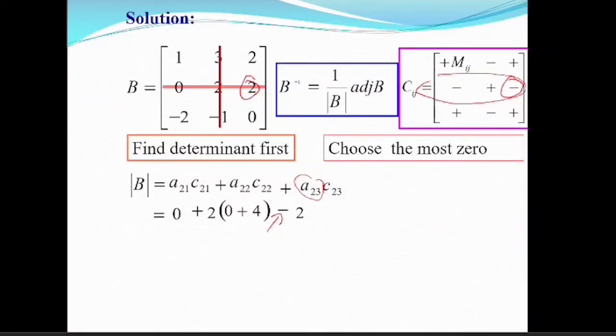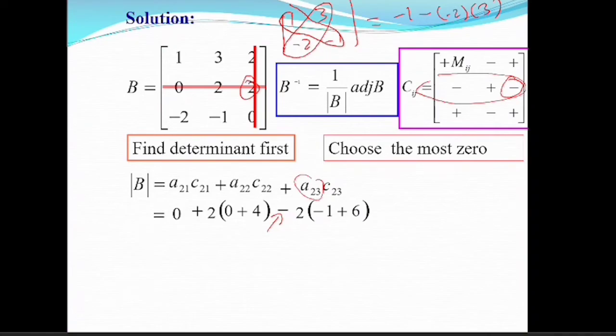Next, just delete the second row and third column. Your answer is 1, 3, negative 2, negative 1. And then finding your determinant, 1 times negative 1 is equal to negative 1 minus negative 2 times 3. Write your working there, negative 1 plus 6, because negative means negative.